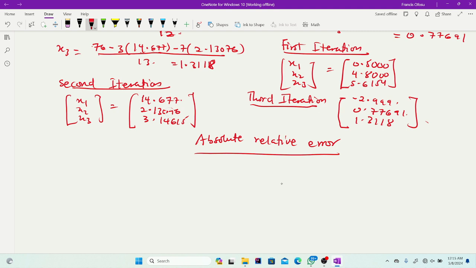So at each iteration level, we are going to have a deviation of our solution from the actual answer. And because it's relative, the error is relative to our first iteration provided we are in the second iteration. If we are in the third iteration, our relative error will be with respect to our second iteration. So we don't know what the actual answer is. But with respect to our method, you find the approximate absolute relative error.